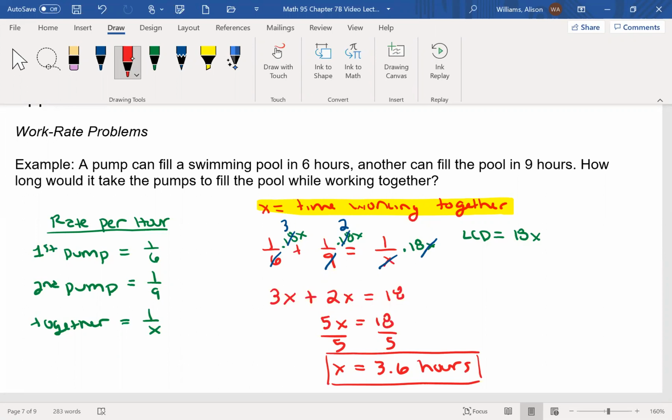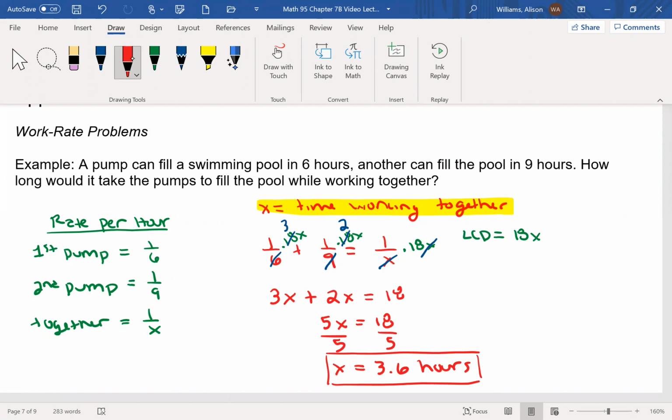It should take less time than the fastest pump, right? If the fastest pump does it in 6 hours, it makes sense that it's going to be less than 6 hours. And notice it's almost half, not quite though, because the other pump is doing the job slower, right? So combined together, it's reducing the faster one's time, but not necessarily by half if the other one's going slower. So it's reducing the time, 3.6 hours.